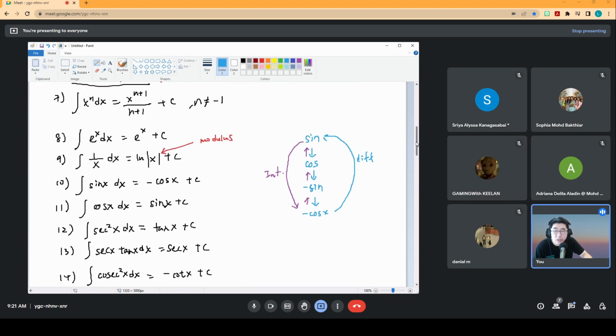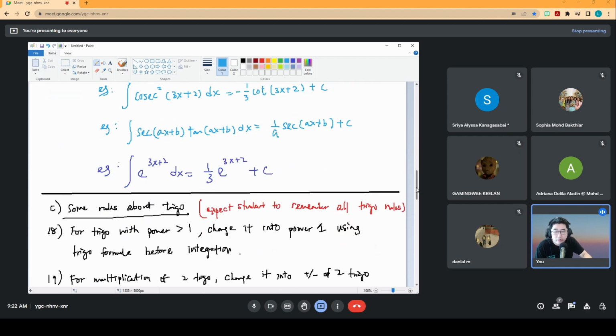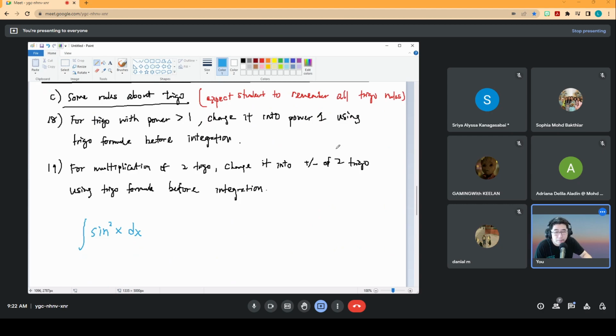From section B, I have x power n, e to the x, 1 over x, a single sine, a single cos, secant square, secant tangent, cosecant square, cosecant cotangent, but I don't have a sine square. From trigo formula, we want to look for something that is able to change power 2 into power 1.